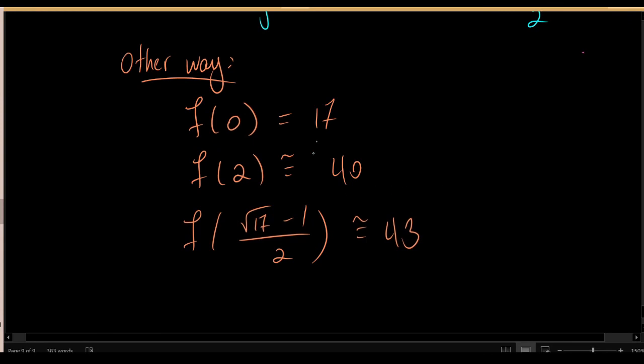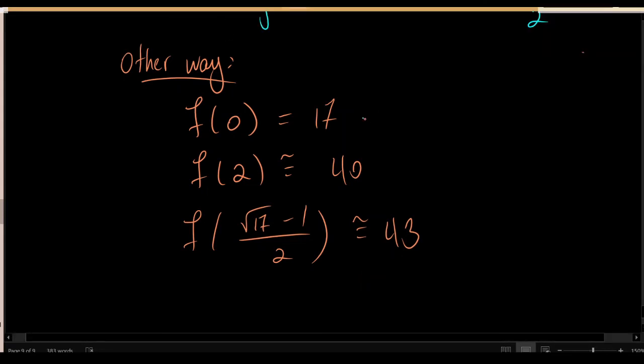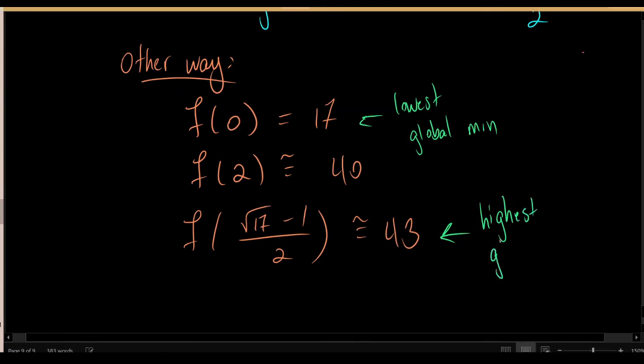I've gone ahead and done those calculations off screen. f of 0 produces 17, f of 2 produces 40, and f of the critical point produces 43. So the lowest y value corresponds to the global min. The highest y value corresponds to the global max, which matches what we saw graphically.